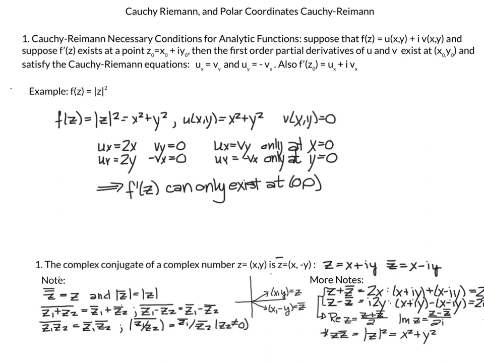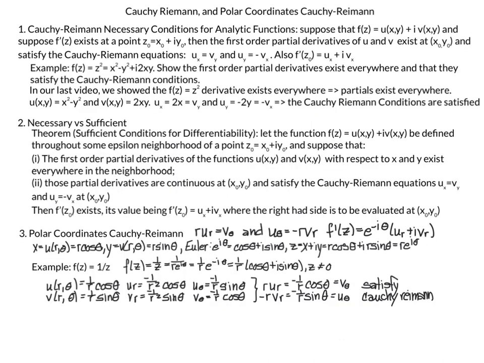It's not a guarantee by this theorem. It does happen, and we did show this in the previous video, that f prime of z does exist at 0, 0. Our next topic is necessary versus sufficient, and then later we'll have a theorem that gives us sufficient conditions for differentiability, in other words, sufficient conditions to say a function is analytic.